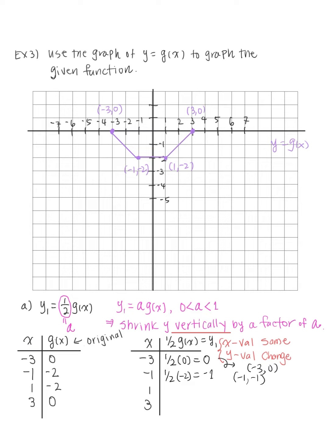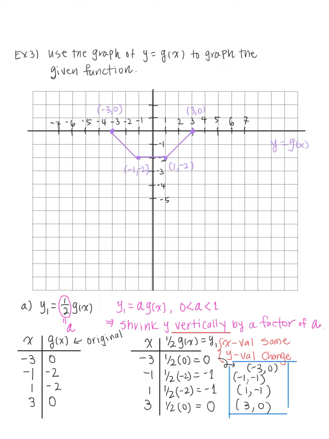And the next one is when x is 1, our y value is going to be 1/2 times another -2. So that's going to be -1. So we're going to be plotting 1 comma -1. And when x is 3, our y value was given by 0. So 1/2 times 0 is going to be 0. So we're going to be plotting 3 comma 0.